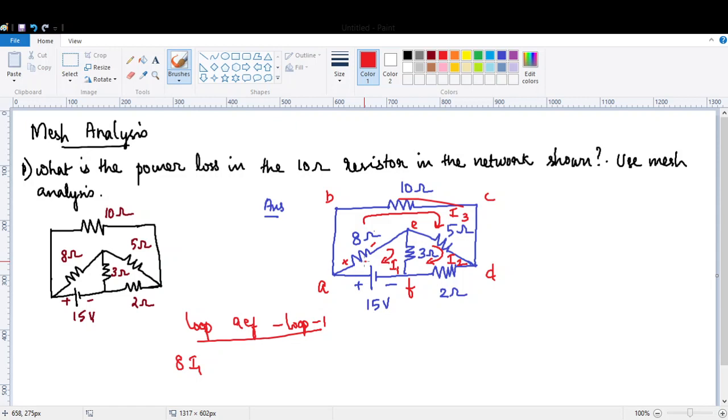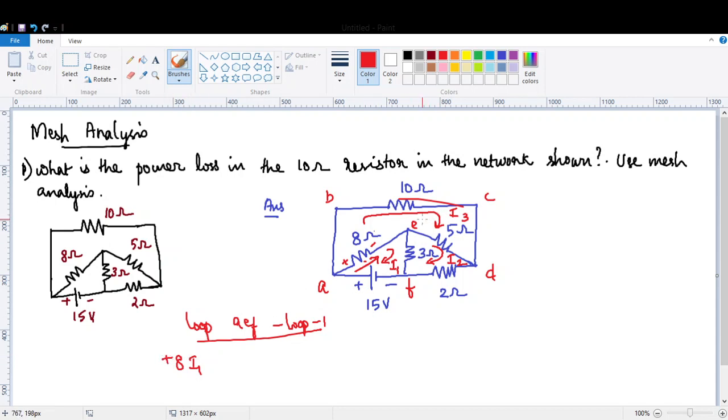Whichever loop we are considering, if it is the first loop, the current corresponding to the first loop enters as plus and leaves as minus, and the other currents at that time are in a different manner. In the case of the 8 ohm, current I1 is going from here to here, so it is plus. That is why here it is plus.